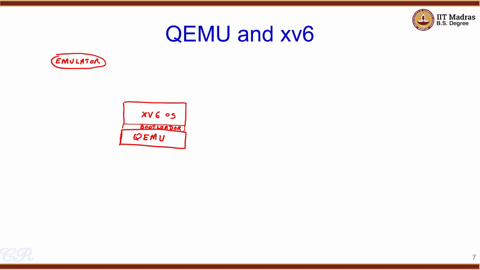So, to keep things simple, and as is typically done in many embedded devices, we just support a very small set of peripherals, right. Two peripherals that we support are the UART controller, which is emulated in QEMU, so this would be a UART controller, right, and also a hard disk controller.